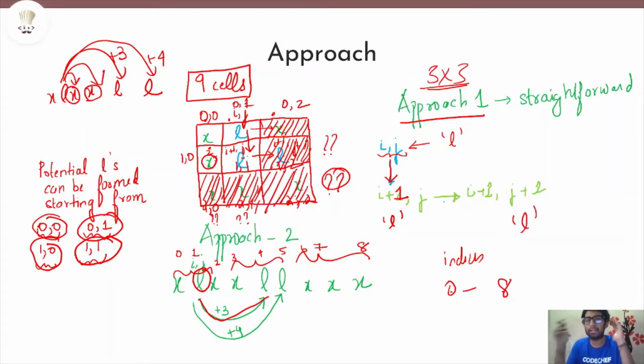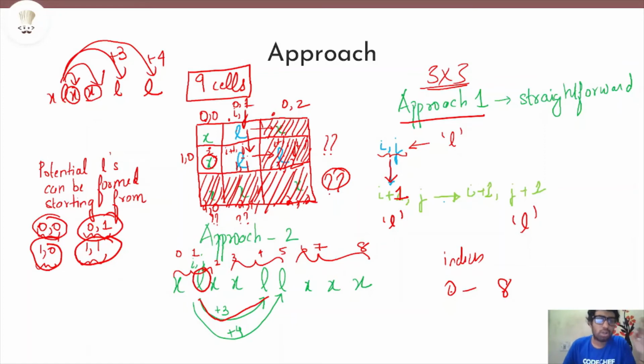I know that there can never be the possibility of a potential L starting from my third row elements. If 2, 0 in 0 based indexing equals L, below 2, 0 there is nothing. Below 2, 1 there is nothing. Below 2, 2 there is nothing. So even though 2, 0, 2, 1, 2, 2 may have an L, there is no potential L pattern that can be formed because below this there is nothing here. So I can just ignore all of these cells.